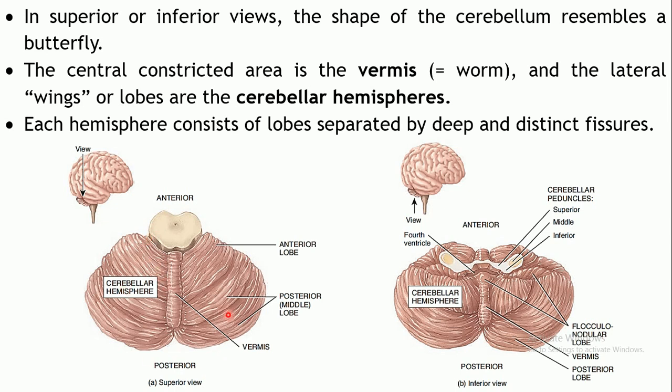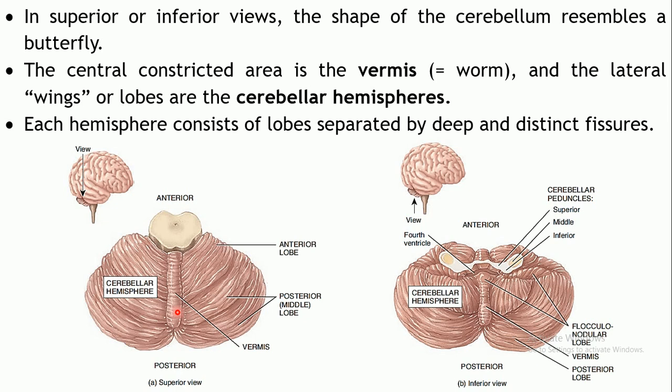This particular view is a superior view, you are looking at the cerebellum from the top, and this one is the inferior view, you are looking at the cerebellum from the bottom. Either of these appears like a butterfly, right? So it has a central constricted area known as the vermis, meaning worm. It is a worm-like structure, that's why it is known as vermis.